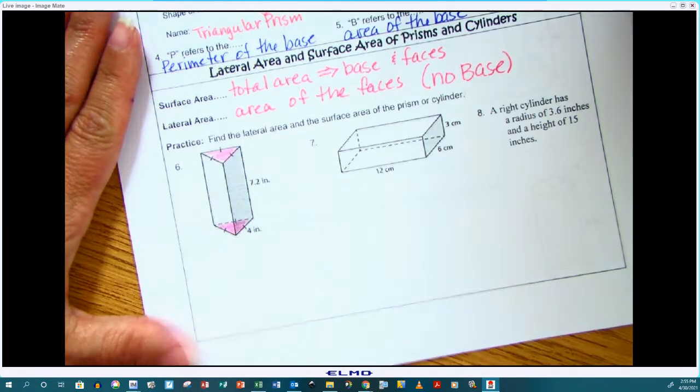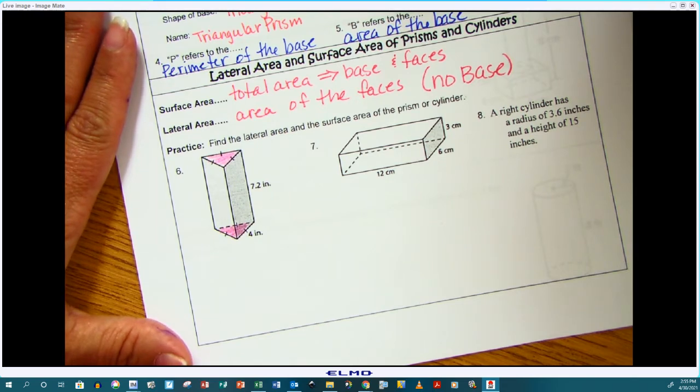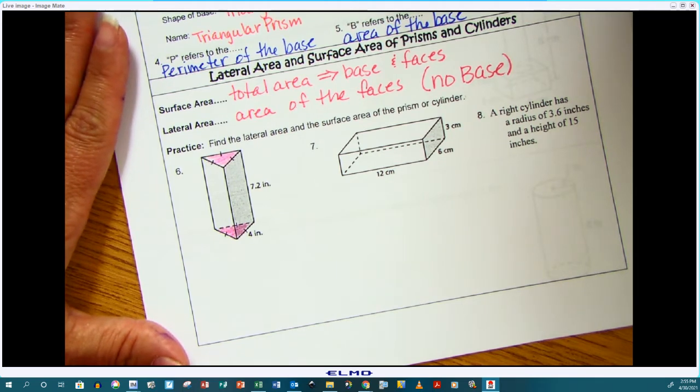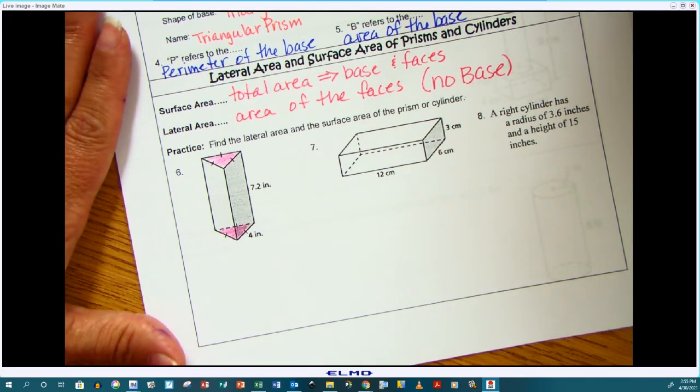When you are finding the surface area and the volume of a prism or a pyramid, I have a set pattern that I go by, and I need you to follow the same pattern.